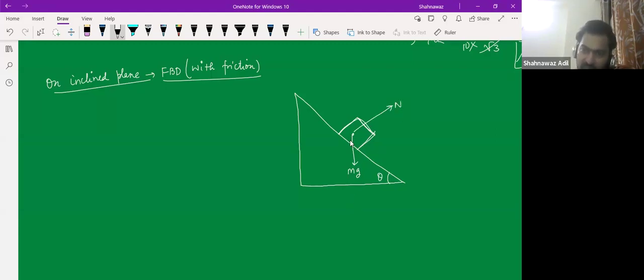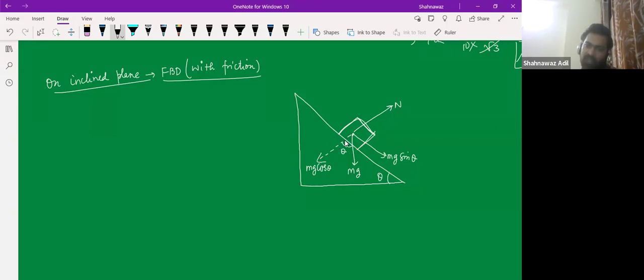Now this mg will have two components. This is theta. So this is mg cos theta, and this is mg sin theta. The normal reaction is balancing the mg cos theta component.